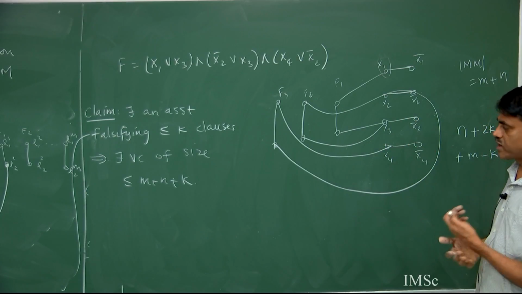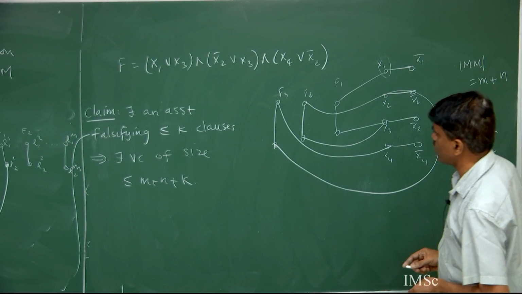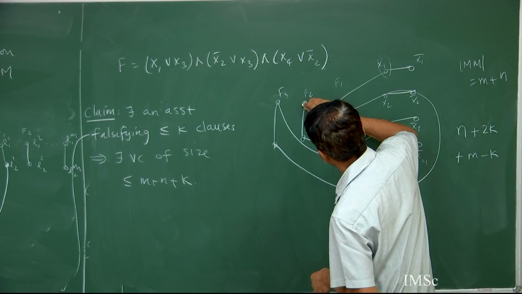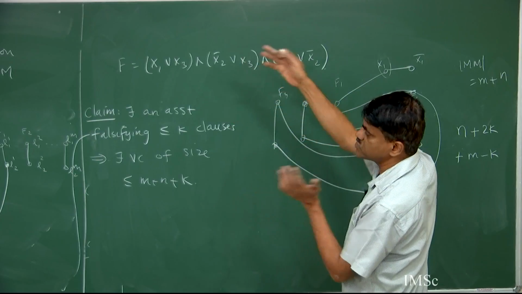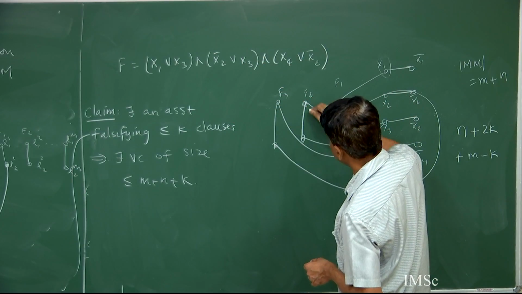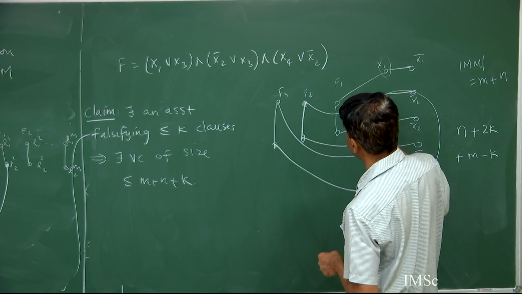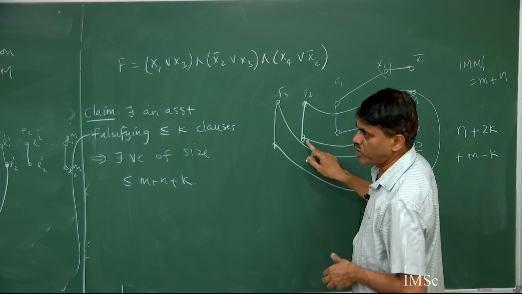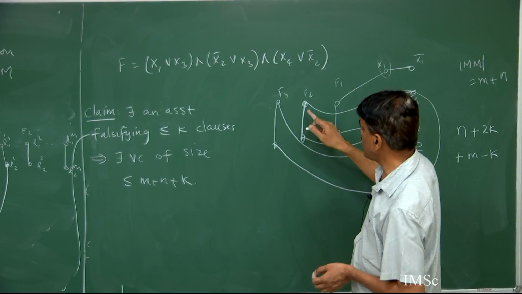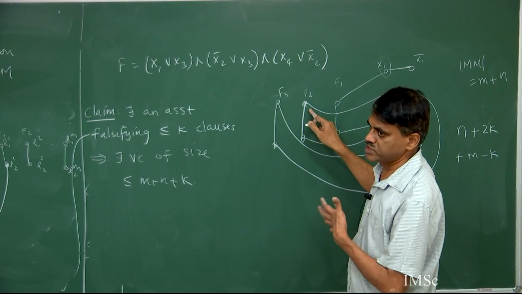Now, for the remaining m minus k clauses, I claim that I will be able to pick exactly 1 vertex to cover each. So, what do I know about the remaining clause? I know that this assignment satisfies that clause, right. So, this corresponds to a literal, this corresponds to a literal, and one of these is set to true. So, I have already picked the corresponding literal into my vertex cover.